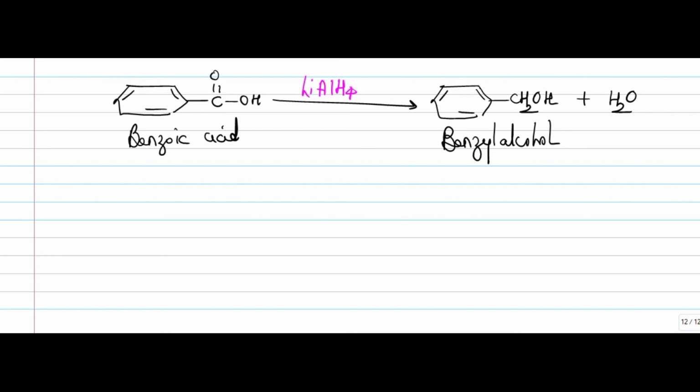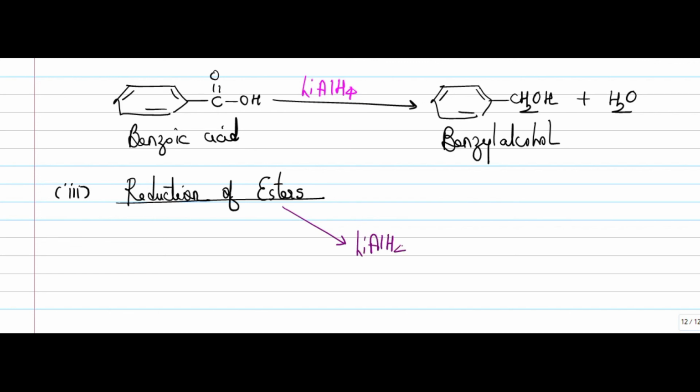Now we would take up reduction of esters. Reduction of esters can be carried out in three different ways. One, using lithium aluminium hydride. Two, using a system of sodium along with ethanol, like what we have for aldehydes and ketones.